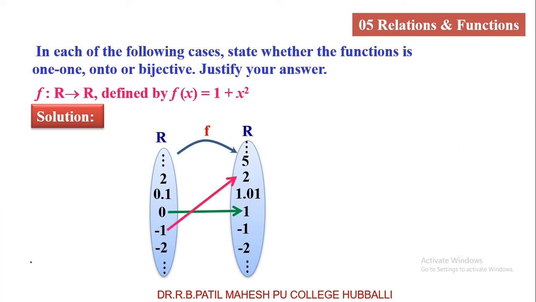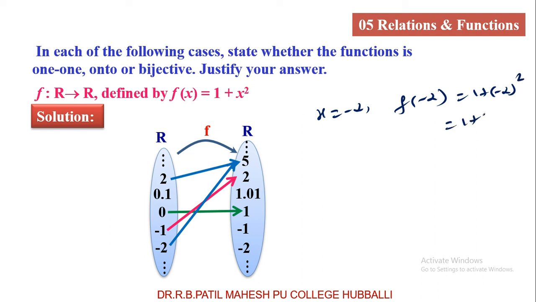Look at that, minus 1 is related to 2. 2 is related to 5 because 2 square will be 4, and 1 plus 4 is 5. Minus 2 is also, because if you take x equal to minus 2, f of minus 2 will be 1 plus minus 2 the whole square. So 1 plus 4, that is 5. So what actually do I have to do here? Minus 2 is related to 5.